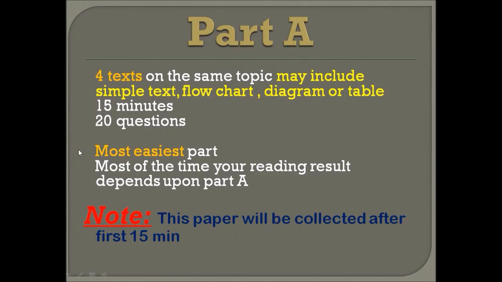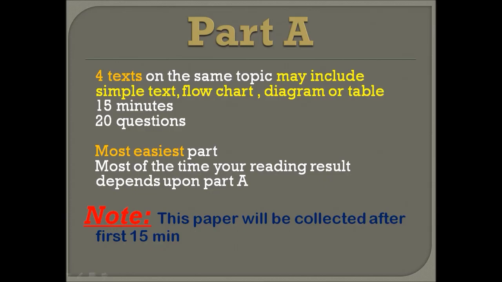But there is one good thing: this is the easiest part of the reading exam. Most of the time your reading result depends on part A. You have 20 marks from part A. If you are scoring 18, 19 or 20 in part A, don't worry at all, you can easily pass your exam.